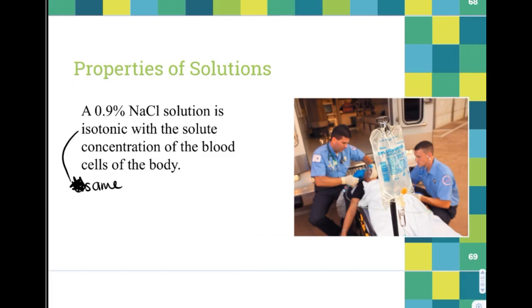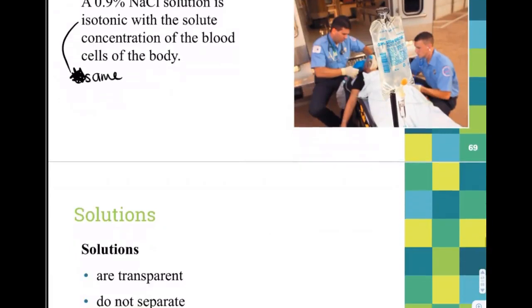So when you give someone an IV of 0.9%, the body doesn't have any weird reaction to it because it's the same solute concentration as the blood. It's really important that you know that, because if you give a patient a not 0.9% solution, you could kill them depending on what's going on with them. If you give a patient pure water in an IV, it will burst all of their cells. So you have to be very careful about doing this. This is really relevant for you guys.